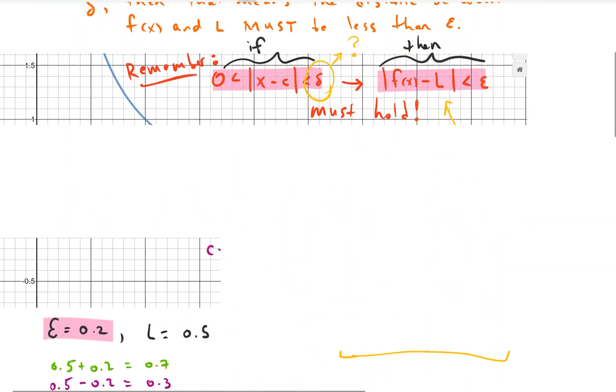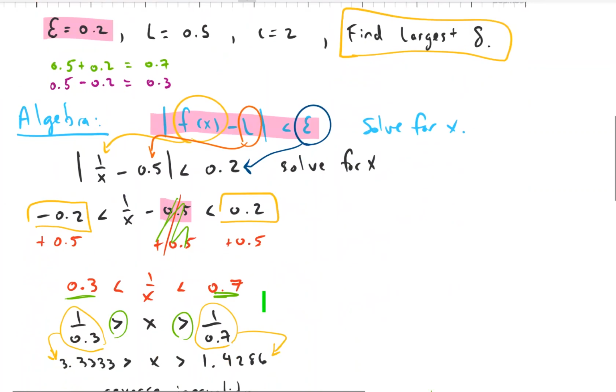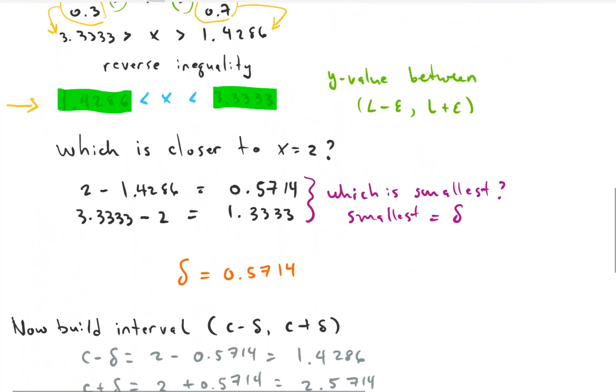Because remember, in our picture, we want this one that's closer to 2. We want this area right here. So we want this end because it's closer to 2. We don't want the 3.33 because it's further away. So if we just did a subtraction, 2 minus 1.4286, and then the 3.33 minus 2, we get the two differences.